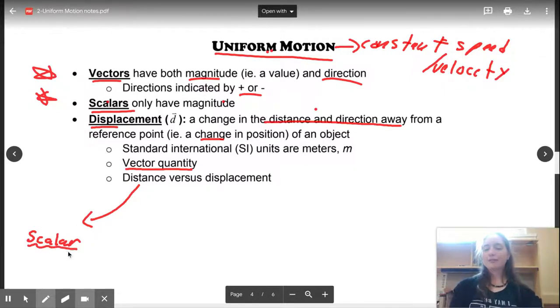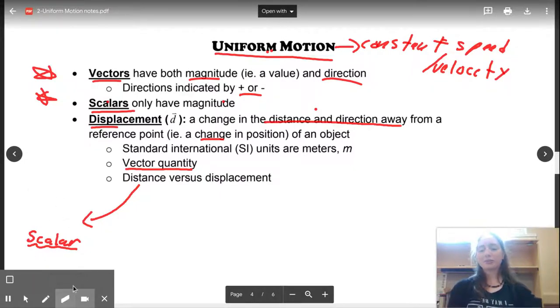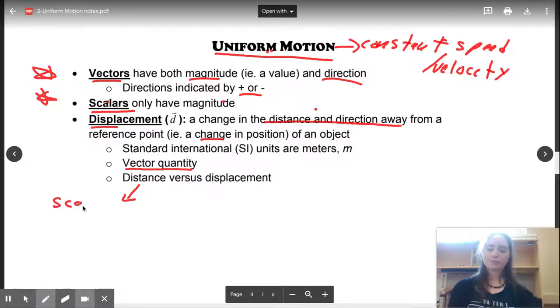So scalar values means that we don't take into account the direction. I'm going to make myself a bit more space here. I'll rewrite this. There we are. So distance is a scalar value, so no direction.